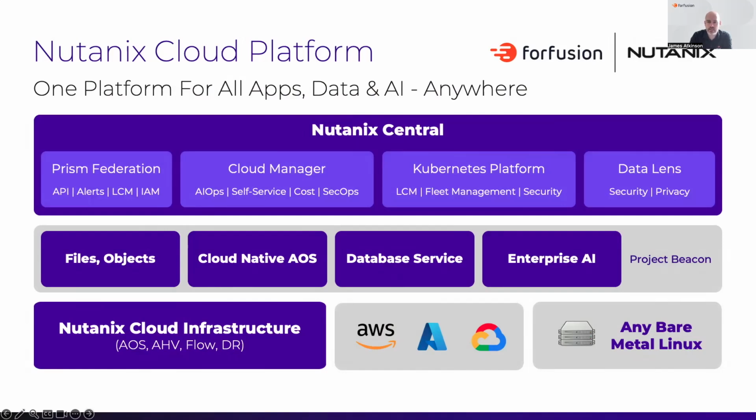So AOS is the hyper-converged infrastructure software that controls storage operations, provides resiliency by replicating the data across cluster nodes. AHV is the hypervisor that runs on top, and we should point out that there is no additional cost for this as it is included with an AOS license.